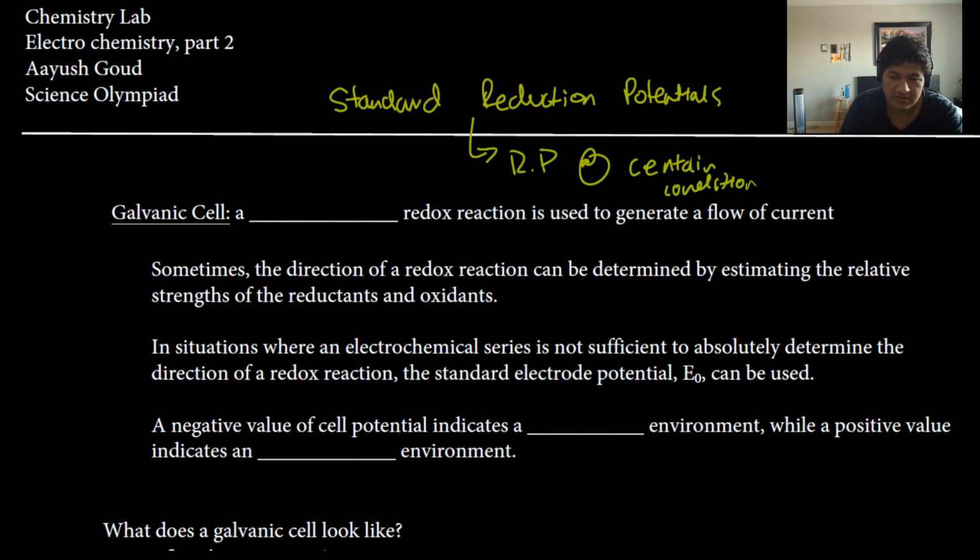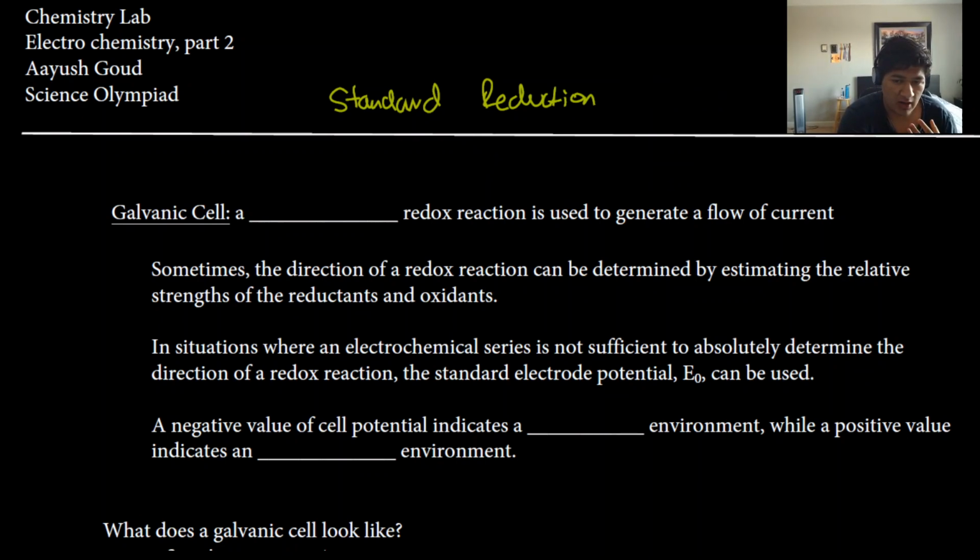These certain conditions are like 1 volt, 1 molar, and STP. Something else to know is that every single molecule or species has its own standard reduction potential that's been measured before. And usually when you get questions on these, the question itself will give you information on the reduction potentials.